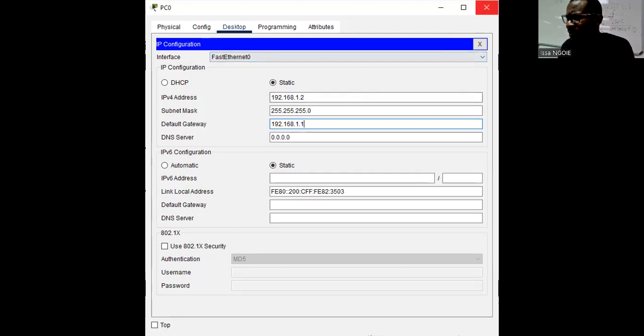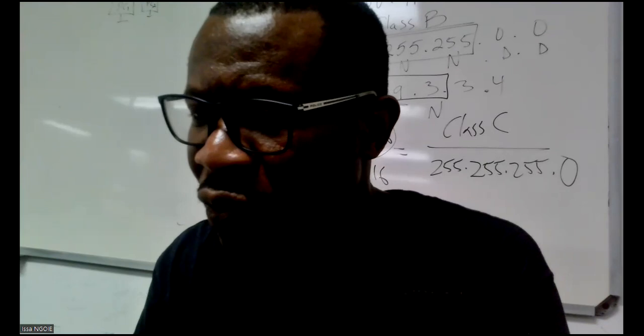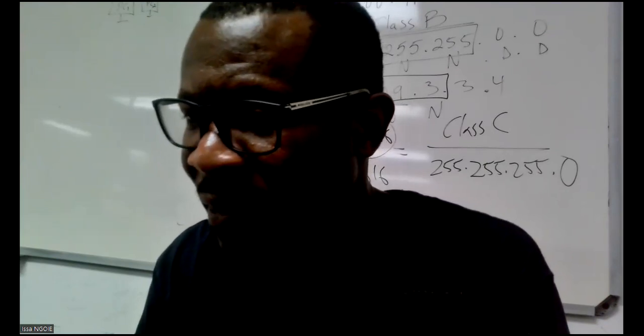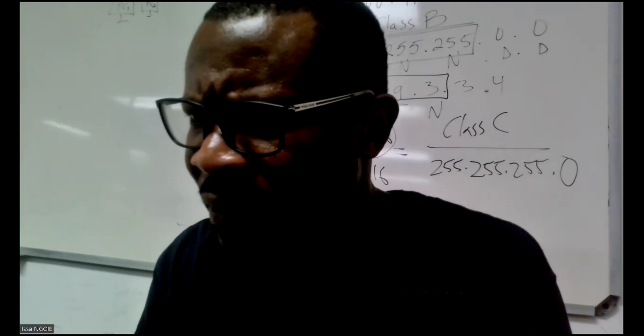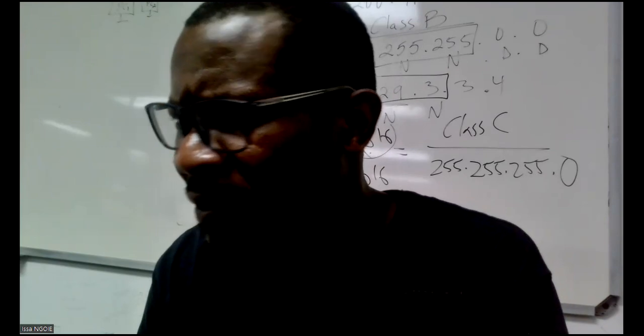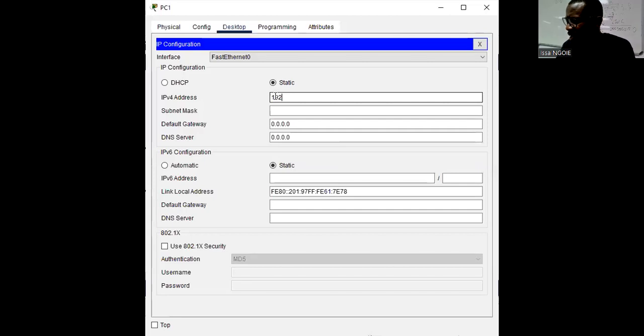All right, when I'm done, I can go to the second PC. I'm going to do the same. I'm going to give it an IP address and the same default gateway, right?